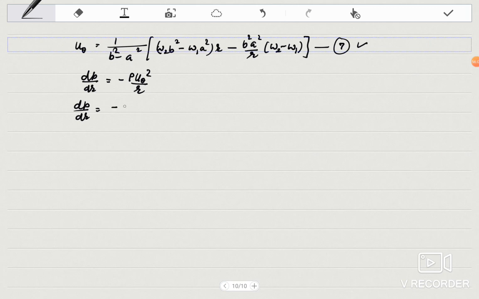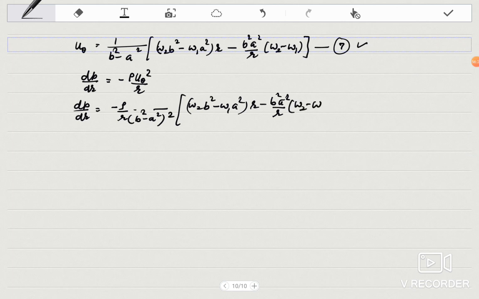It will be 1 upon (b square minus a square) whole square, and then [(omega 2 b square minus omega 1 a square) r minus b square a square upon r (omega 2 minus omega 1)] whole square. You solve this whole square, you just integrate, and you will get the pressure distribution.